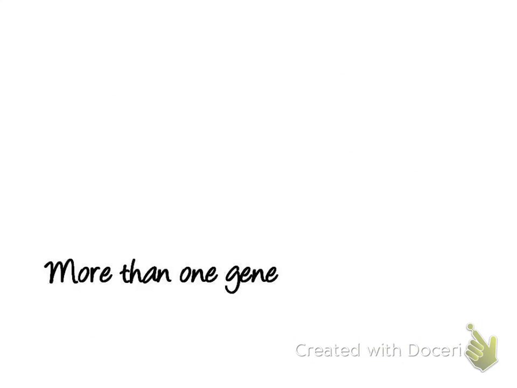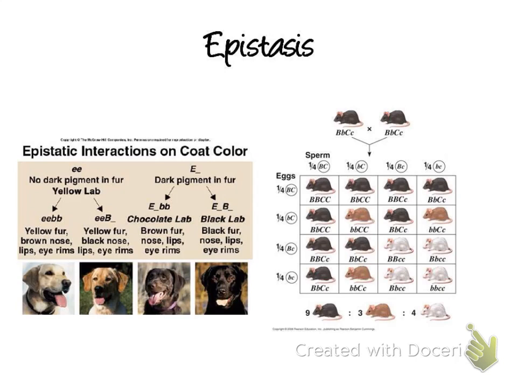Sometimes you have two or more genes controlling one trait. So with epistasis, you have one gene at one location controlling whether another gene is expressed or not most of the time.